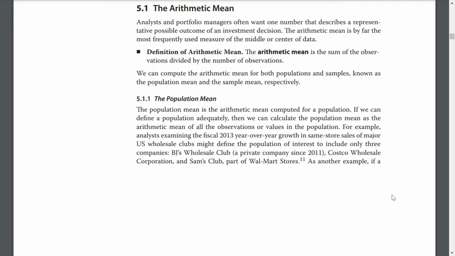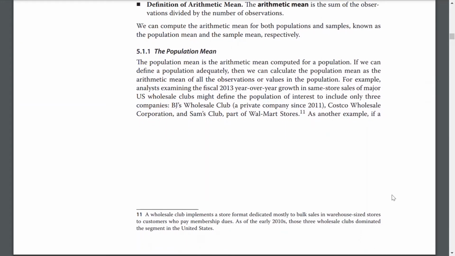The population mean is the arithmetic mean computed for a population. If we can define a population adequately, then we could calculate the population mean as the arithmetic mean of all the observations or values in the population. For example, analysts examining the fiscal 2013 year-over-year growth in same-store sales of major U.S. wholesale clubs might define the population of interest to include only three companies: BJ's Wholesale Club, a private company since 2011, Costco Wholesale Corporation, and Sam's Club, part of Walmart stores.